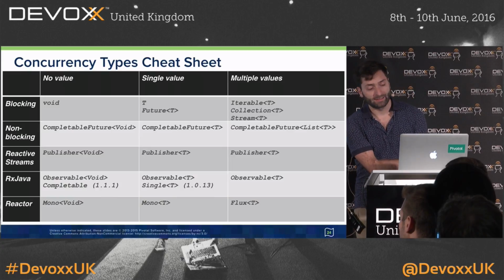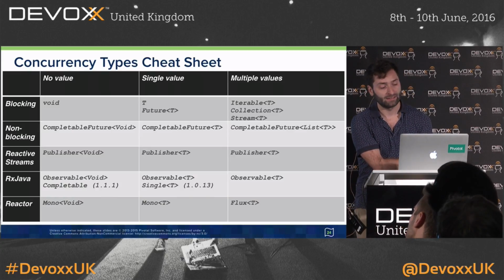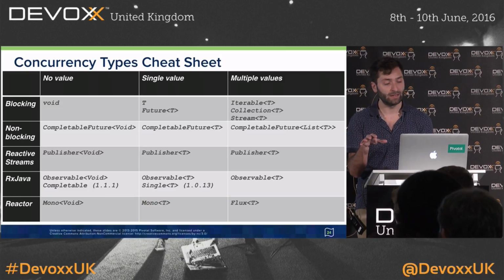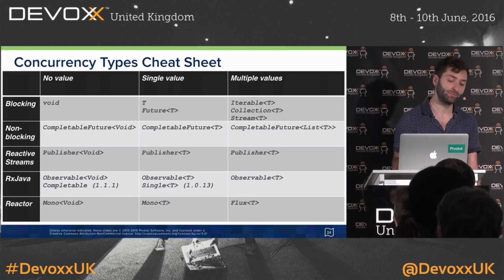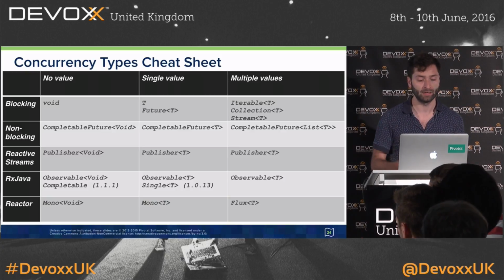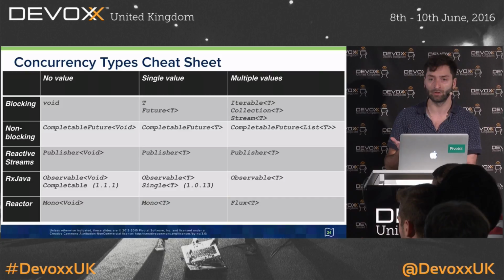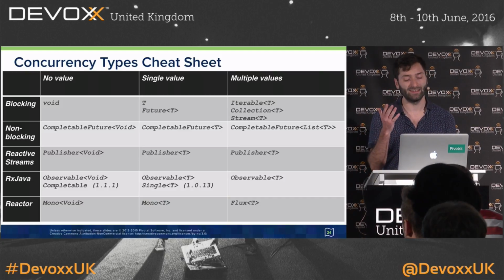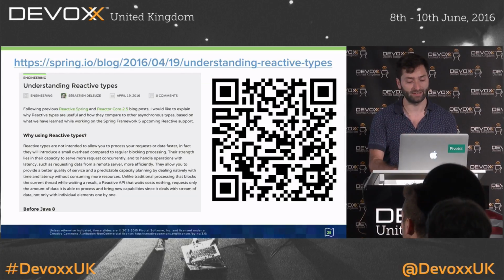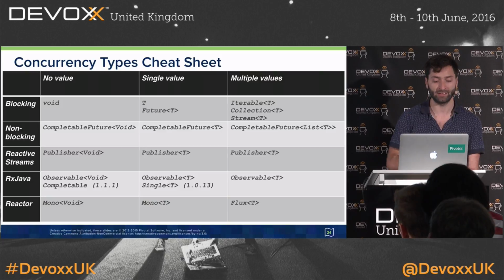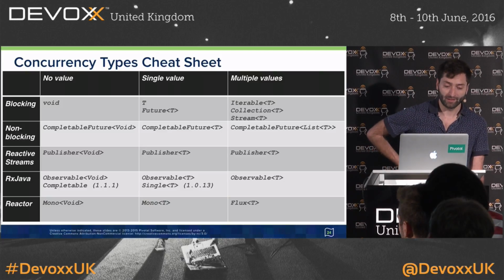So we can have a look at the reactive APIs around. A colleague of mine, Sebastien Deleuze, did an interesting comparison, comparing the Java types with the reactive types and what we consider blocking, non-blocking, reactive streams. The blog post is there, so I will show you the QR code to navigate to it after.